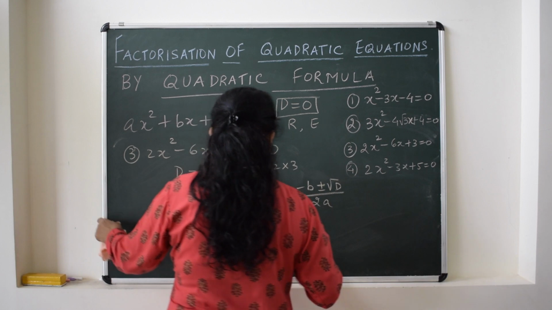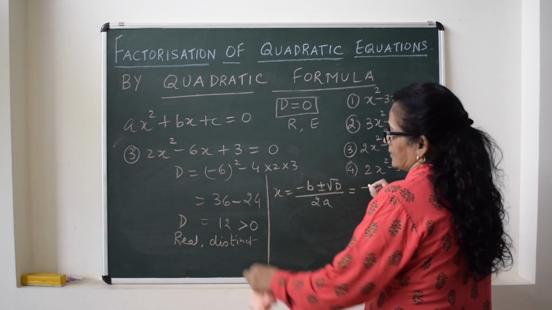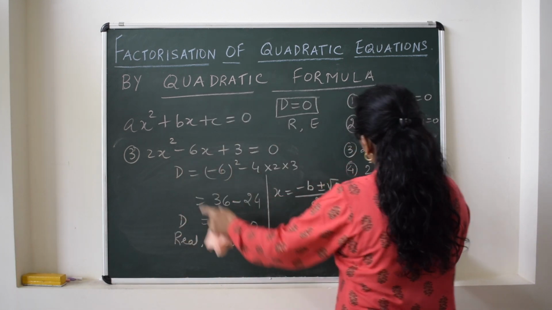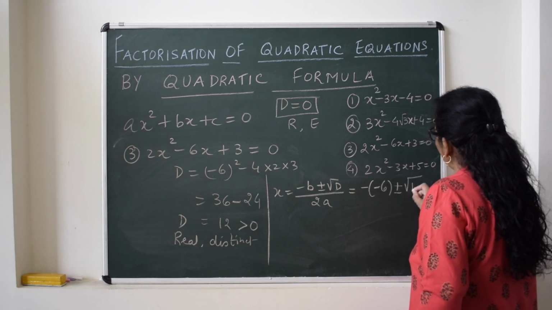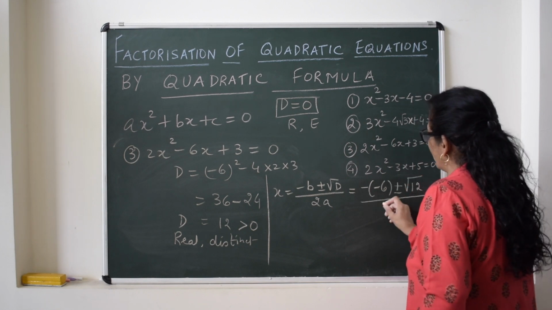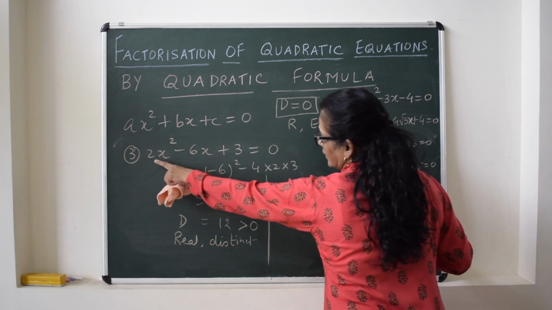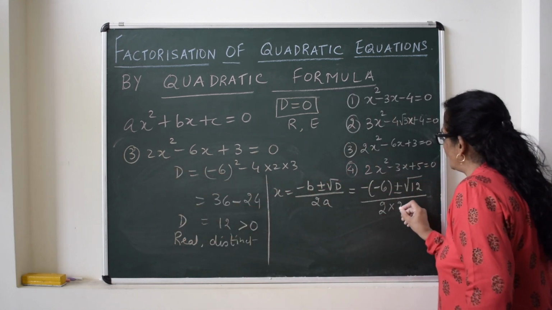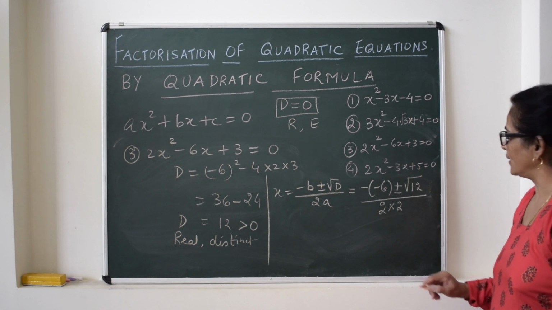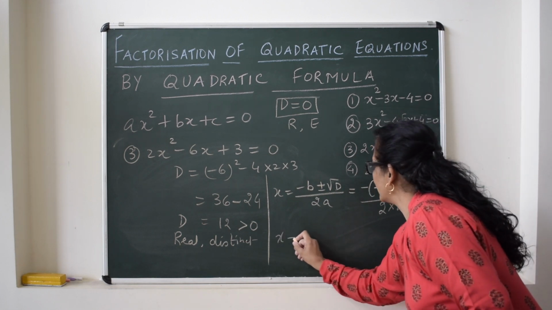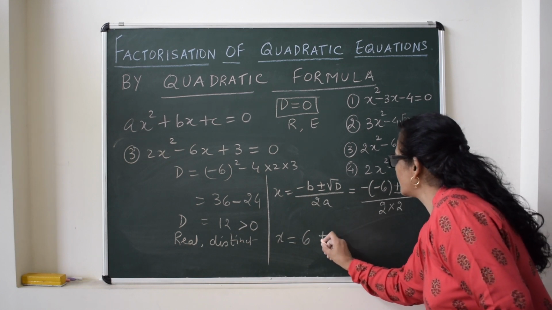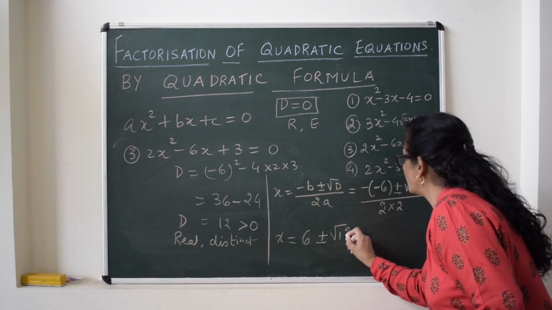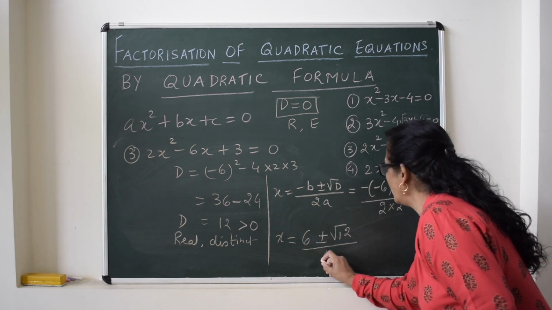Here d is 12, now b is minus 6 plus minus under root of 12 upon 2 into 2, since a is also 2. Now the value of x is 6, plus minus under root of 12 upon 4.